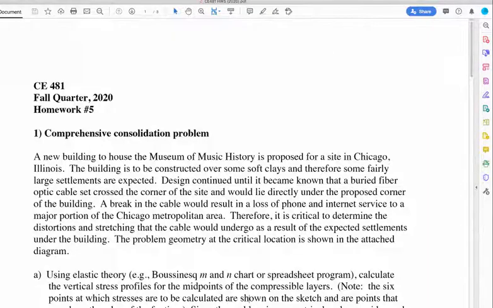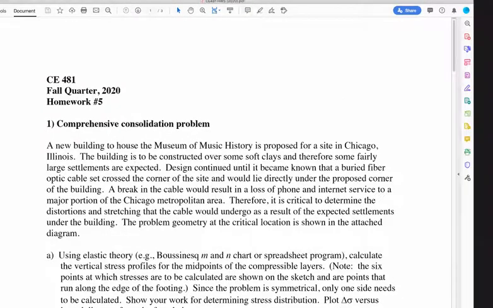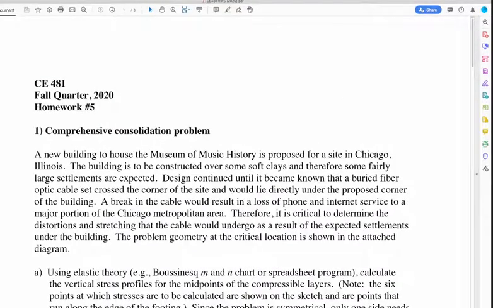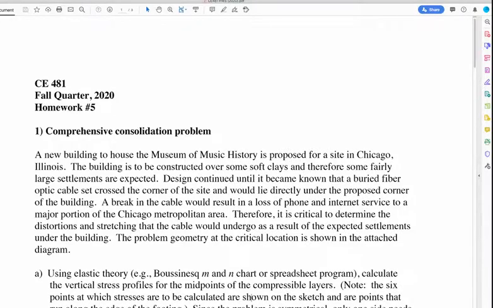Homework 5 looks like this. This is live on Canvas, so you've seen it or you have access to it.